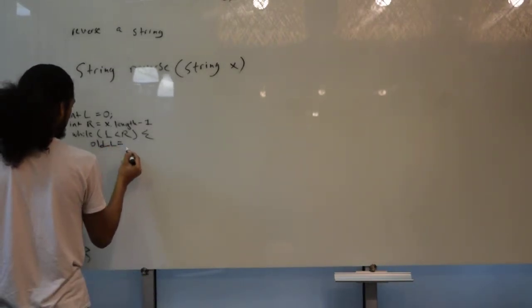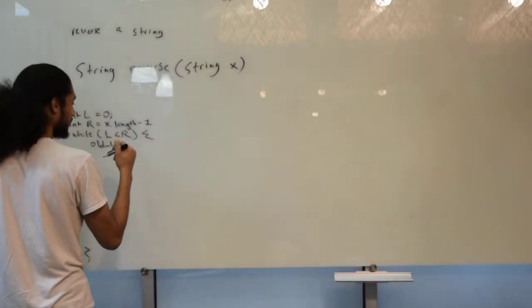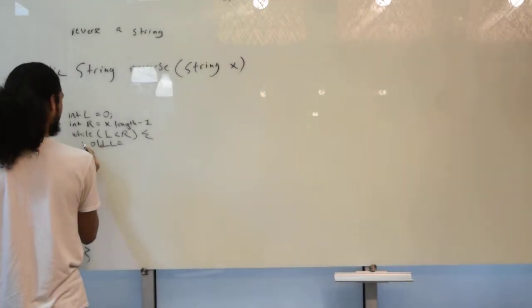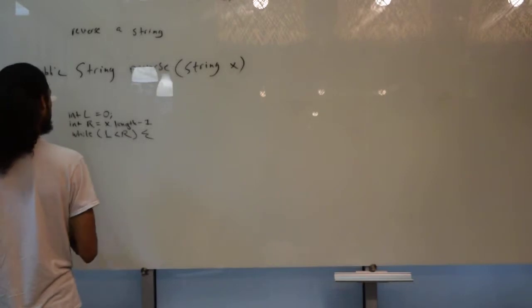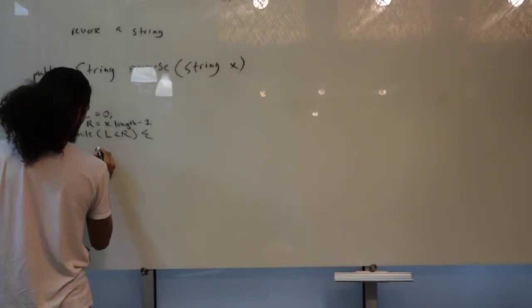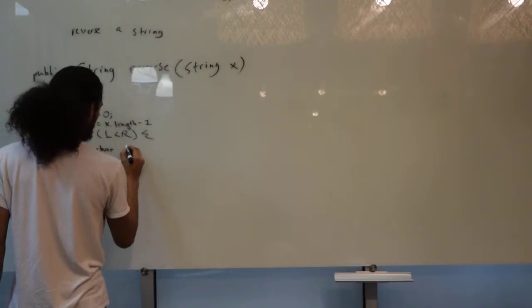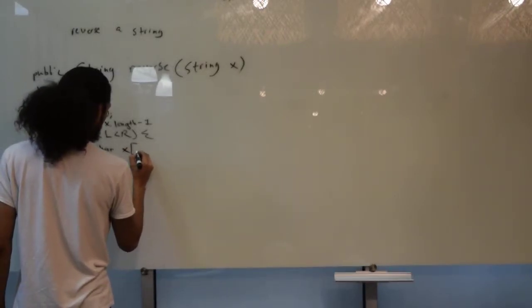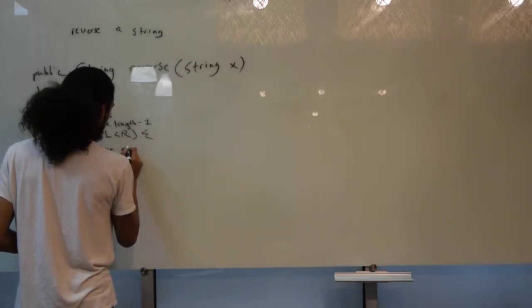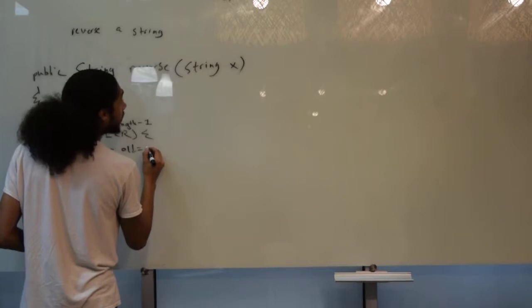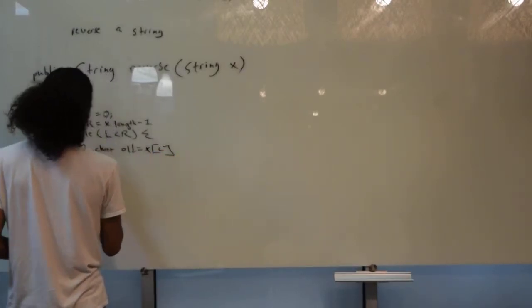Let's say L equals. What is old L? What is the type? It's a char. Oh yeah, it is. So a string is an array of characters.